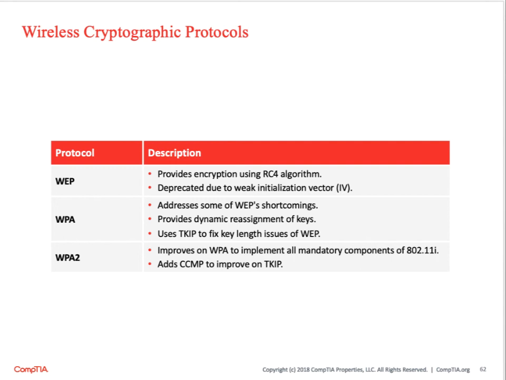And so WPA2 is going to include Advanced Encryption Standard ciphers, along with Counter Mode with Cipher Block Chaining Message Authentication Code Protocol, which is CCMP, and that is an encryption for greater security to replace TKIP, which was in WPA. And this provides for a 128-bit encryption key.